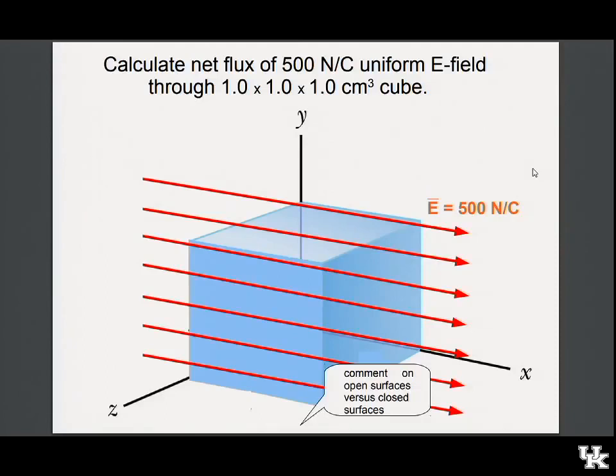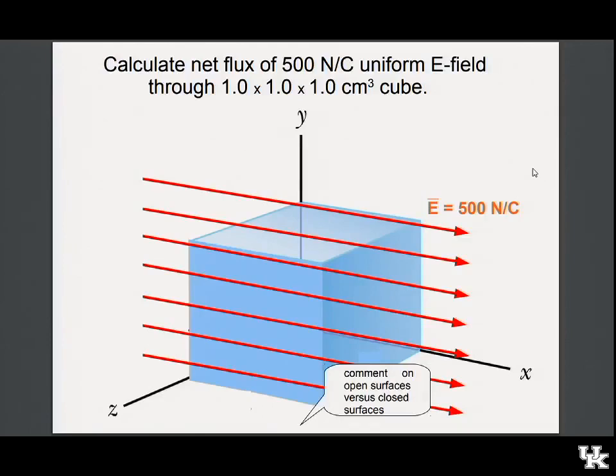There's the top, the bottom, the left, right, front, and back. If I'm outside the closed surface, then I can't get inside because I'd have to go through a wall of that surface. That's what we mean by a closed surface.